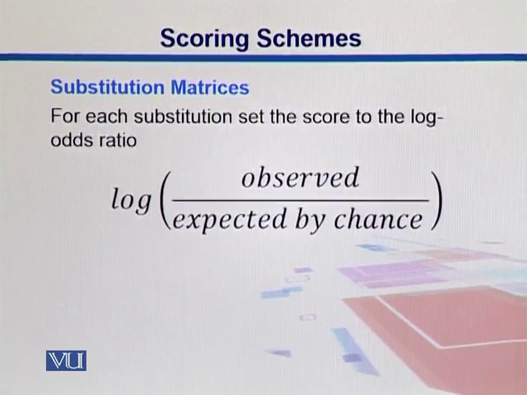So it is the log of observed over expected. If the upper term is higher, meaning the substitution is more frequent, obviously our score will be positive, and if the lower term is higher, meaning we see them less frequently than expected, then the scores become negative.